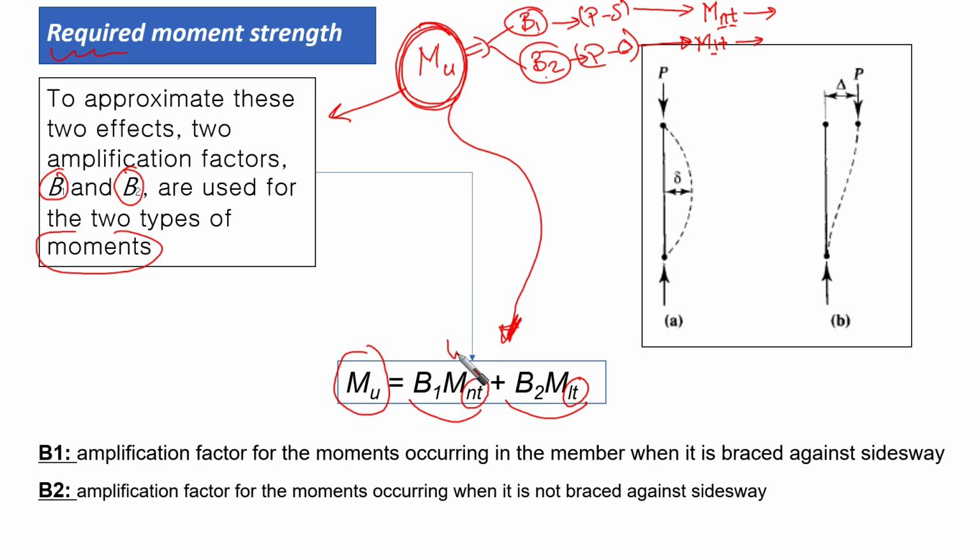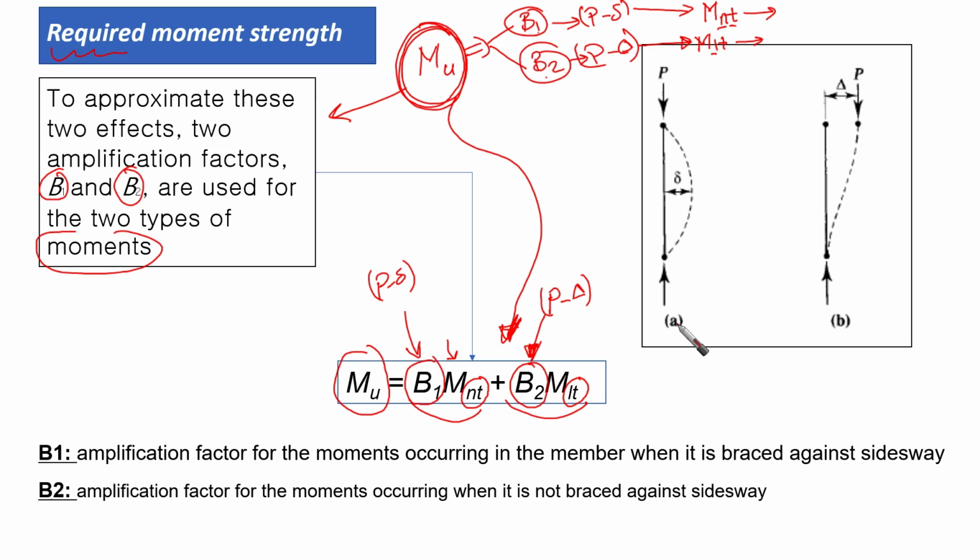The first moment is going to be amplified by the factor called B1, as we said, to take into consideration P small delta. And the second, the lateral translational moment, is amplified to take into consideration P capital delta.